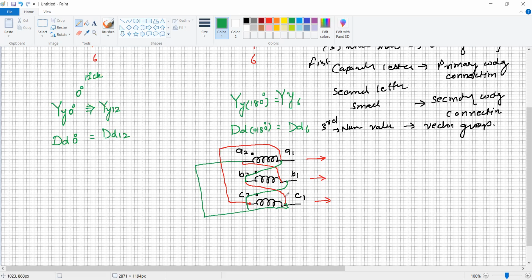So these are the two valid connections, and the output is taken from A1, B1, C1. Next time we will see some practical connections, different types of vector groups, and decide which type of connection gives which particular vector group of a three-phase transformer.